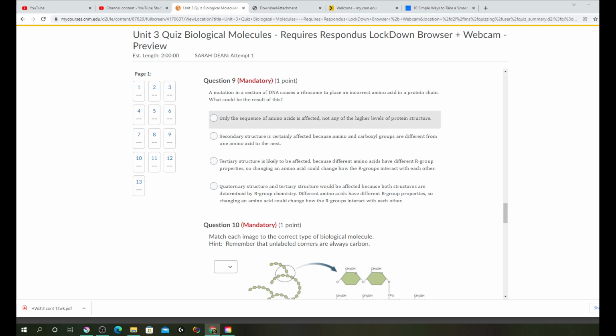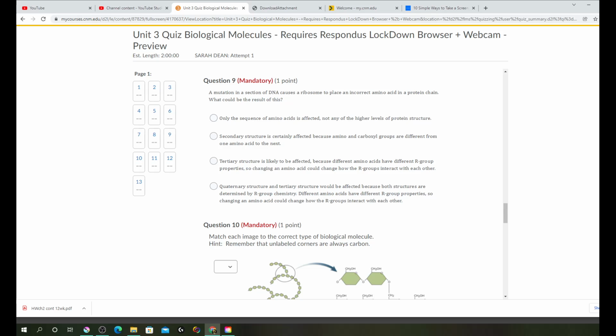The sequence of amino acids will determine where there are negative charges in the chain, where there are positive charges, where it's neutral, where it's polar, and where there are covalent bonds that can form. So if you switch out a positively charged amino acid for a negatively charged one, you're going to completely change how that protein folds. You can't affect primary structure without affecting tertiary and quaternary structure most of the time.